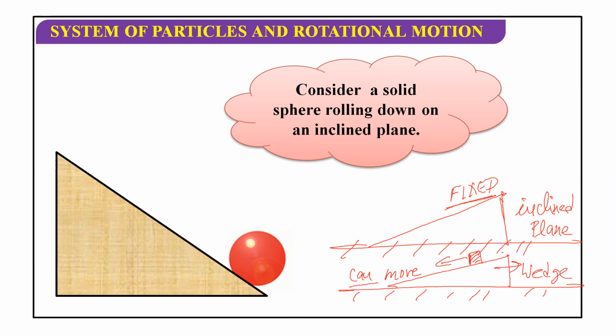So when the block moves down the inclined plane, the wedge will start moving backward, provided everything is frictionless, so friction does not resist at the surface. So an inclined plane is a fixed thing on a surface and cannot move. A wedge, on the other hand, can move on the surface. This is a small minute difference you have to remember.